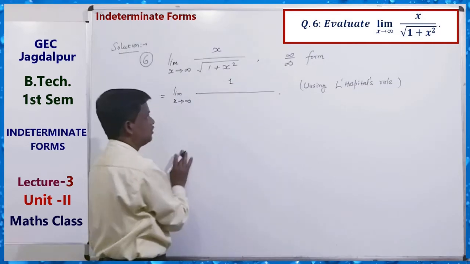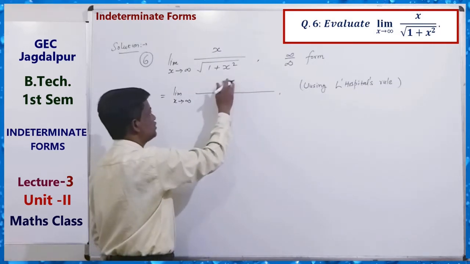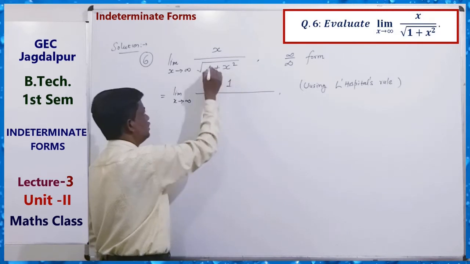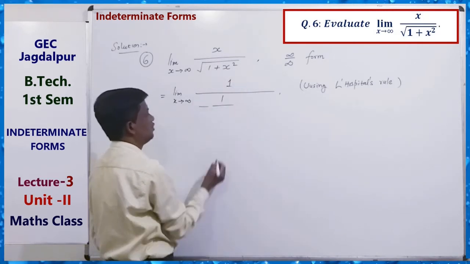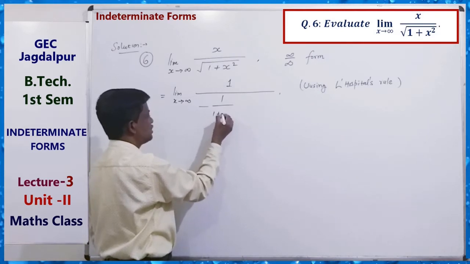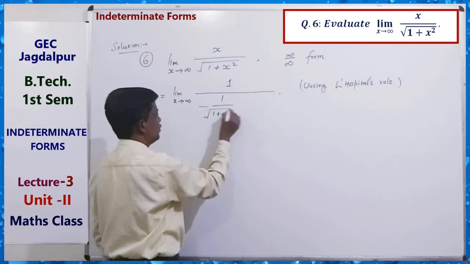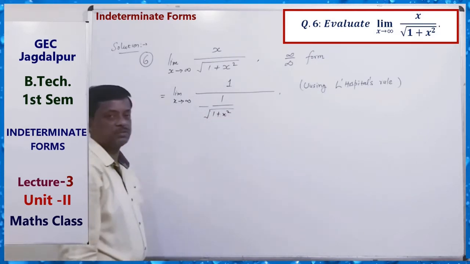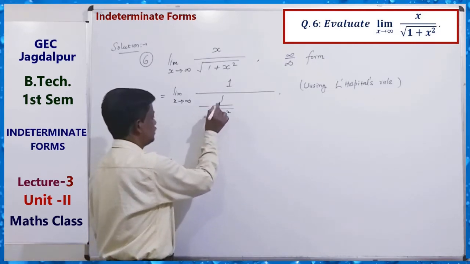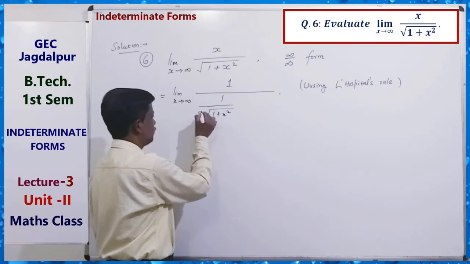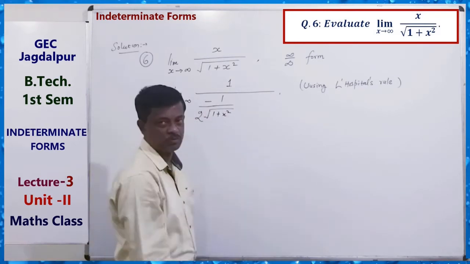The differentiation of the numerator is 1. The differentiation of the denominator, root of 1 plus x square, gives minus 1 upon 2 root x.